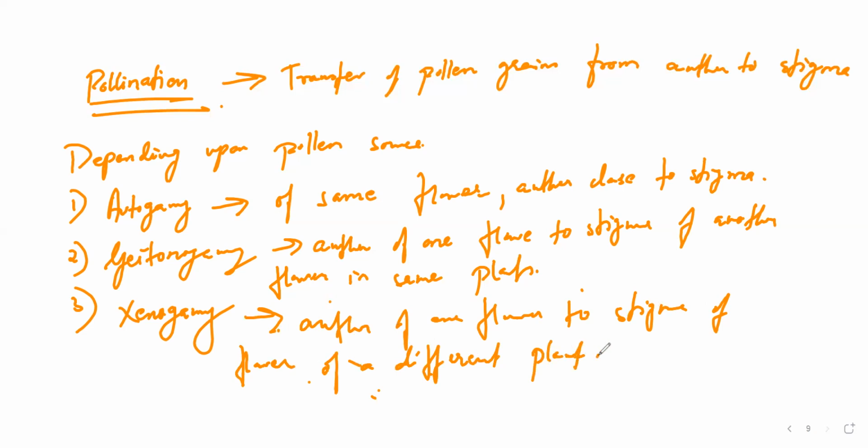For this, agents like wind and water are very necessary. So this is all depending upon the division of pollination: how the pollen grains get transferred, whether inside the same flower, or between flowers of the same plant, or of different plants. Depending upon that, these three types are there.